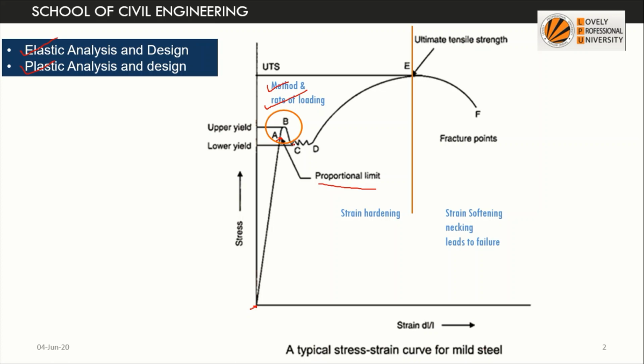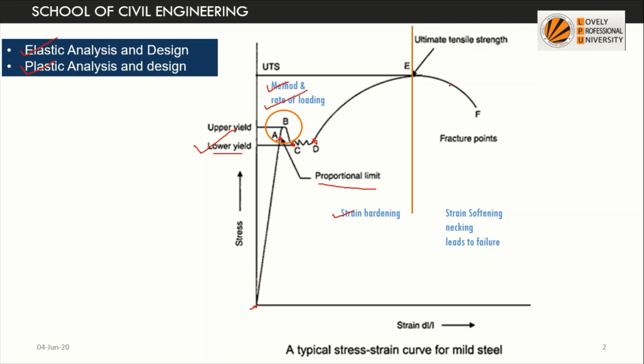But this point C we denote by Fy. This is also designated as the lower yield strength, or Fy, the yield strength of the steel. After this, there is a linear portion in which there is an increase in strain without any increase in the stress. Beyond this point D, there will be strain hardening.